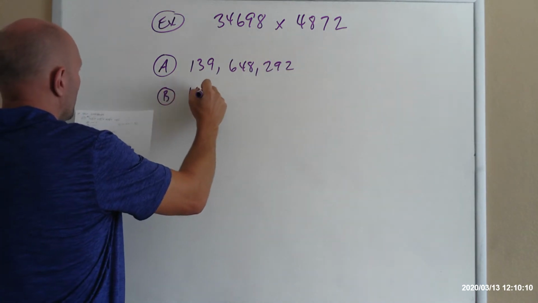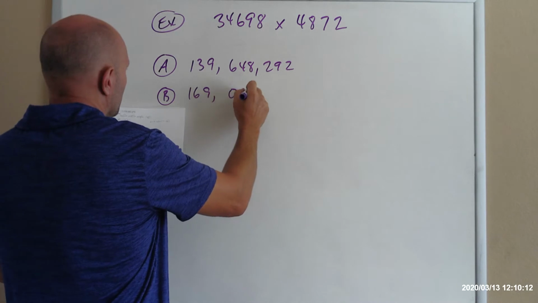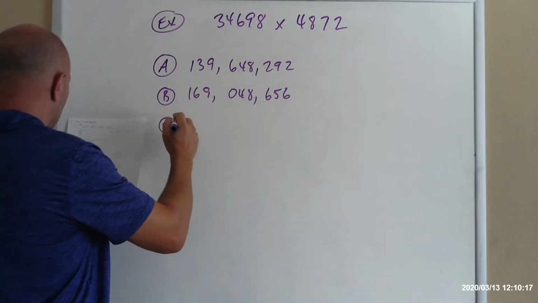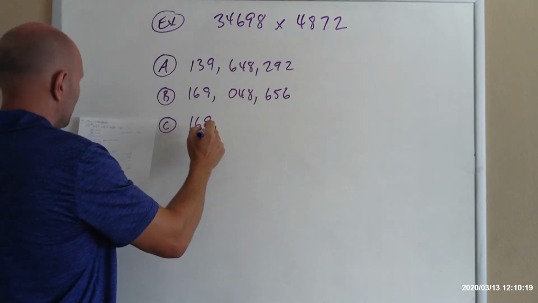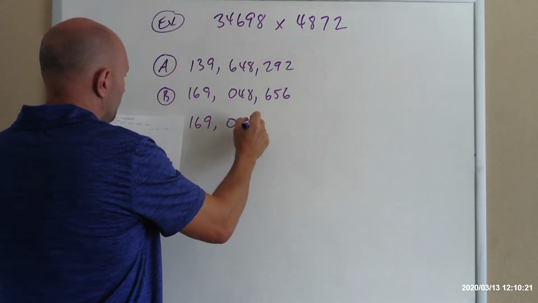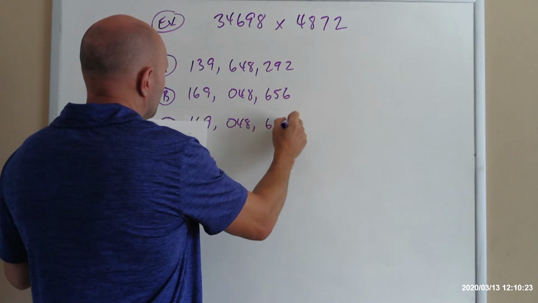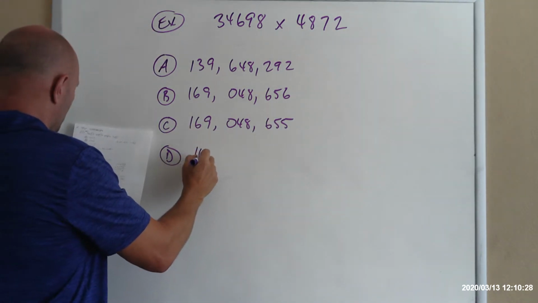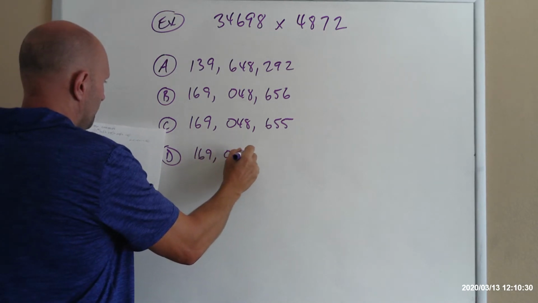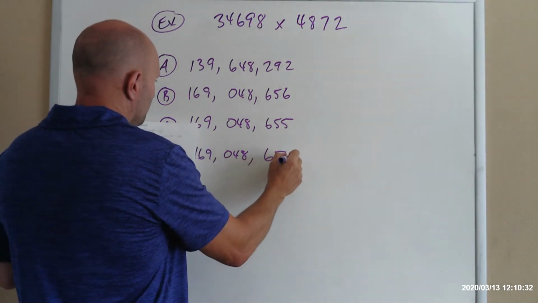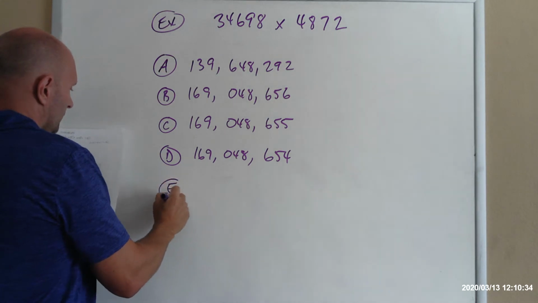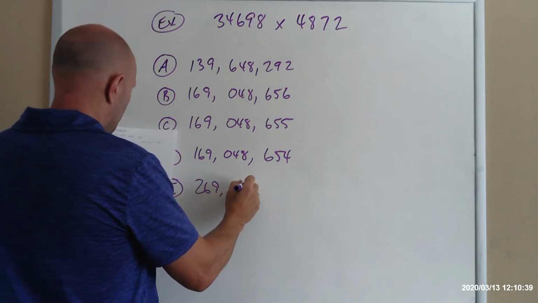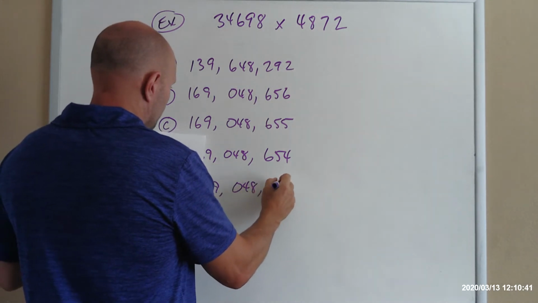B 169,048,656. C 169,048,655. D 169,048,654. And E 269,048,654.